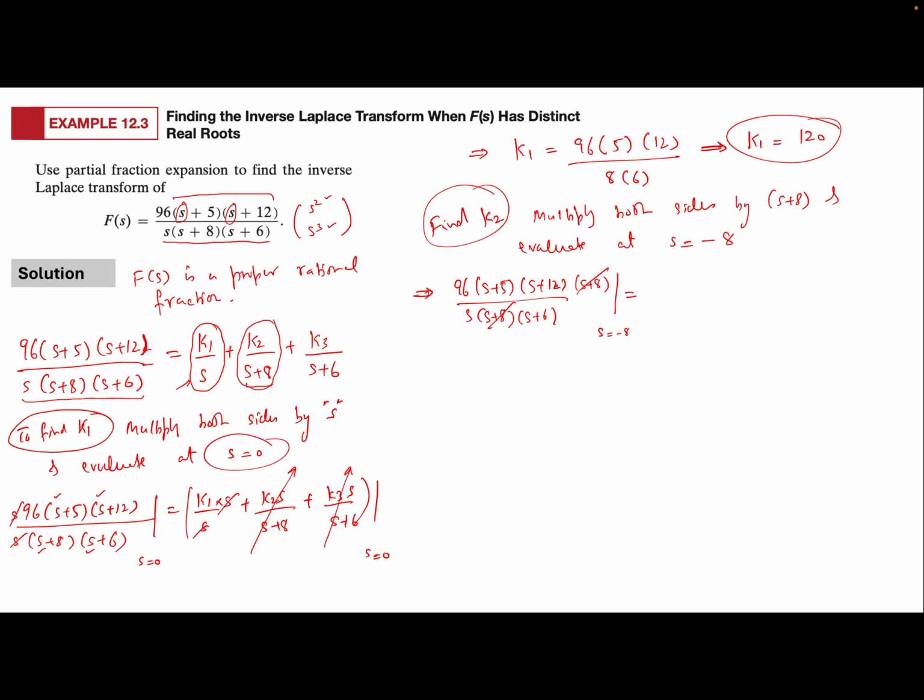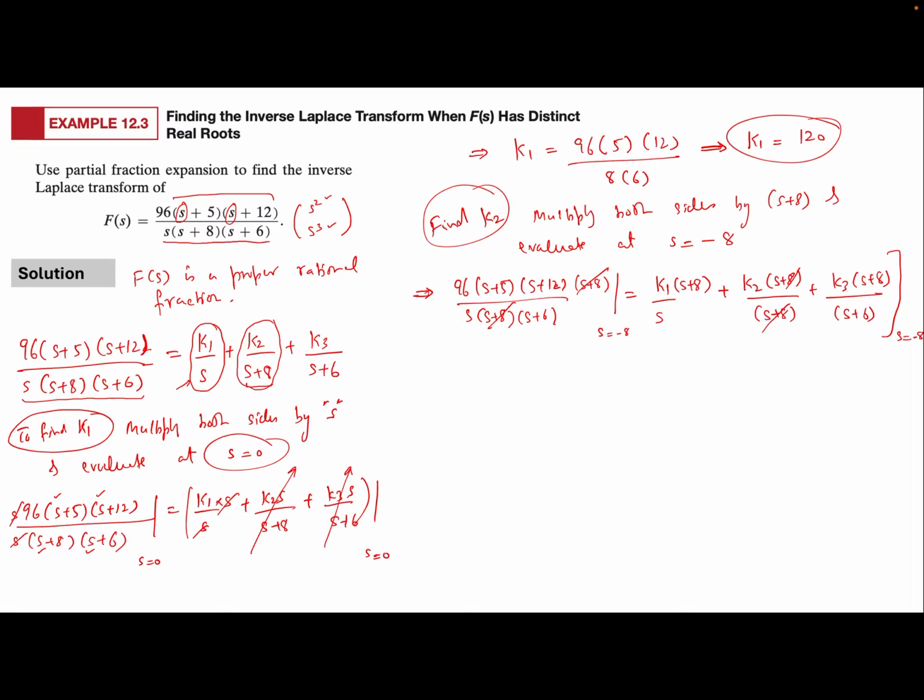The first term is K1 over s times s+8, plus K2, where s+8 over s+8 cancels, plus K3 over (s+6) times (s+8). Then you evaluate this at s equals minus 8.